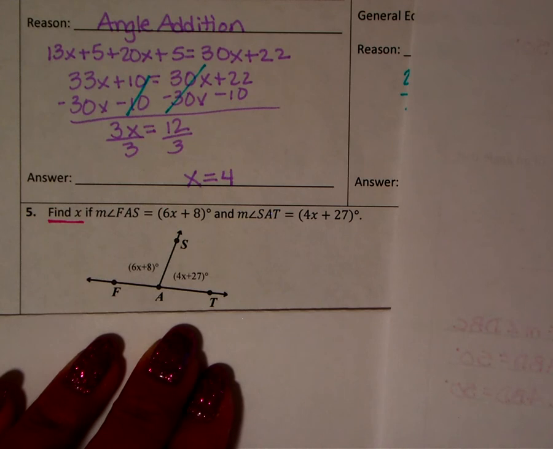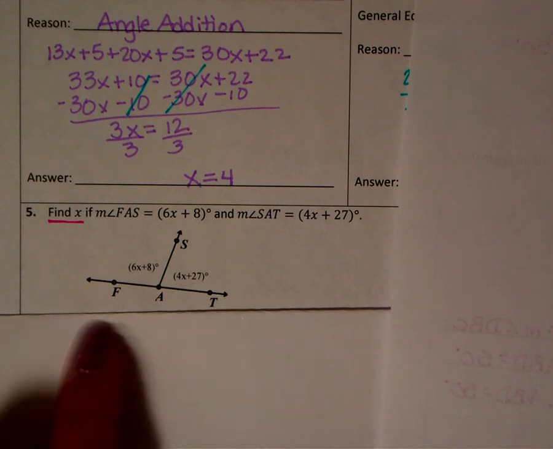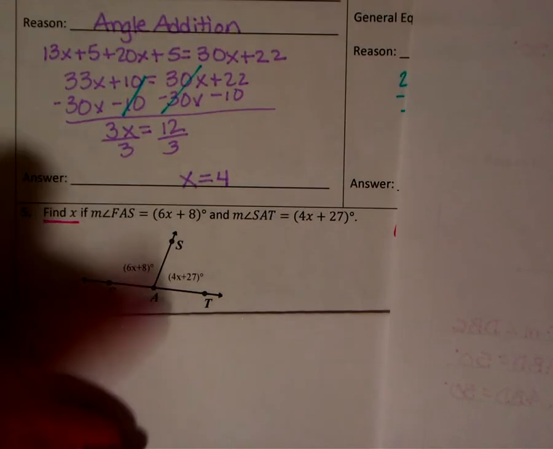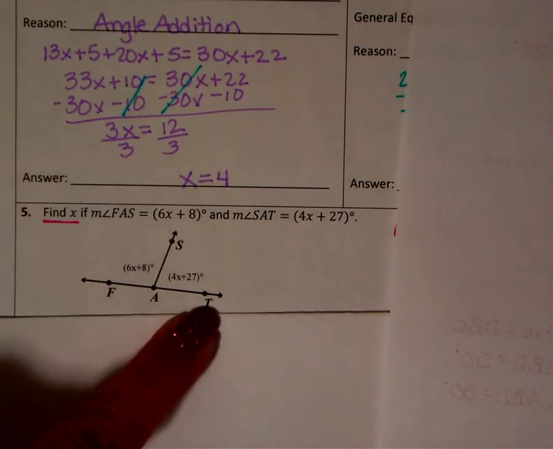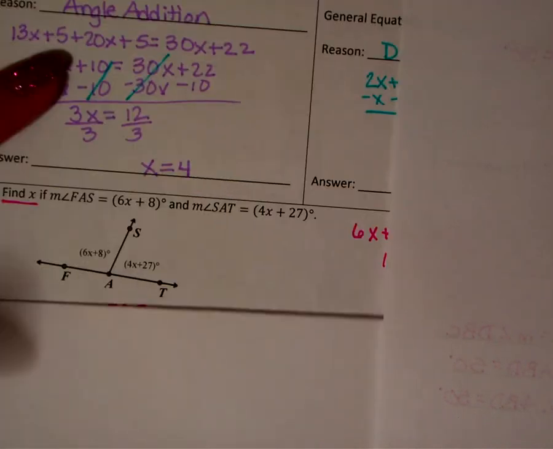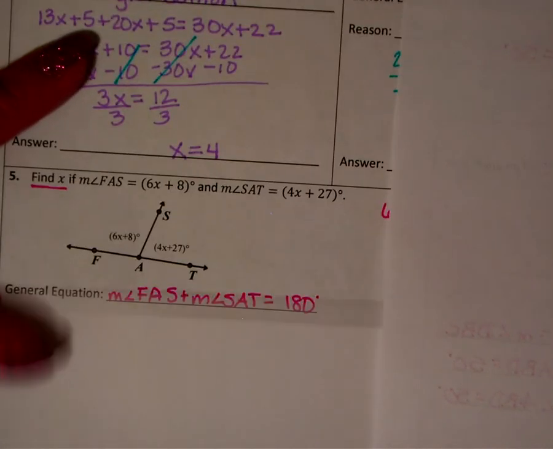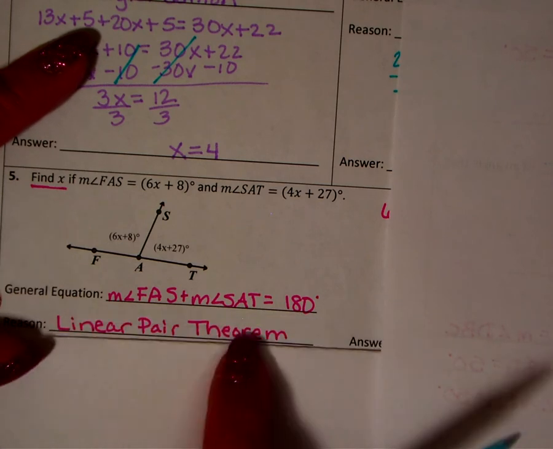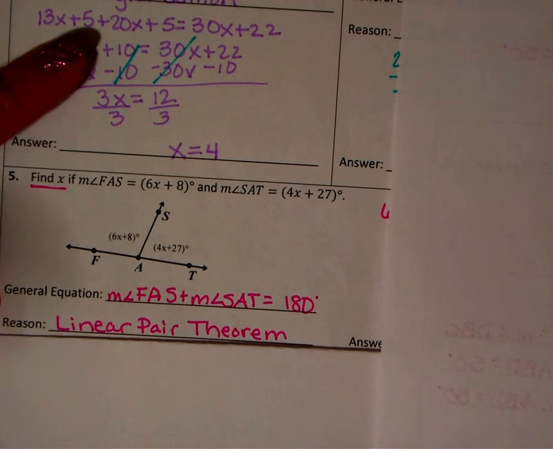We can use the linear pair theorem, because the measure of angle FAS plus the measure of angle SAT equals 180, because the two angles together equal a line, which is 180 degrees. So there's my general equation. Again, the linear pair theorem is my reason.